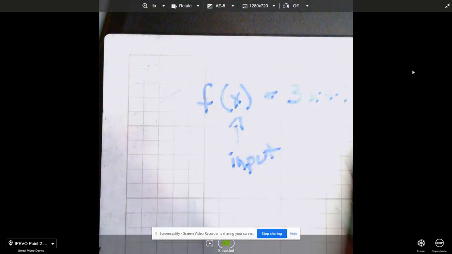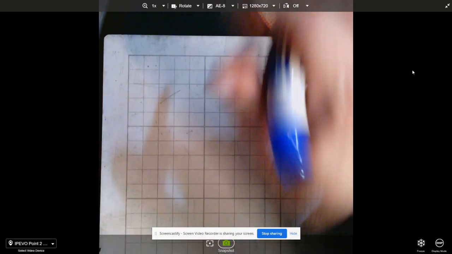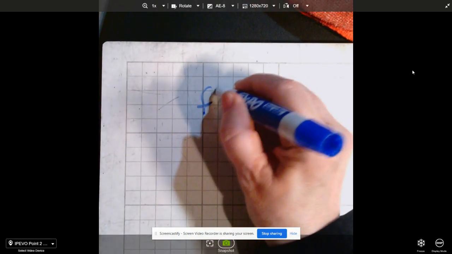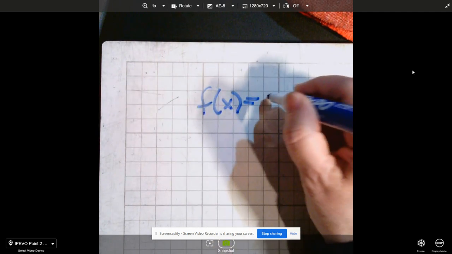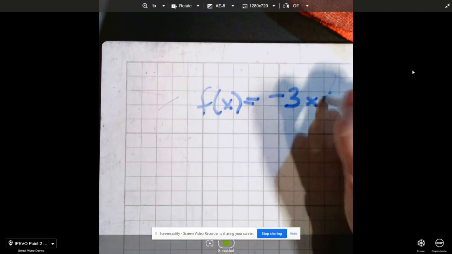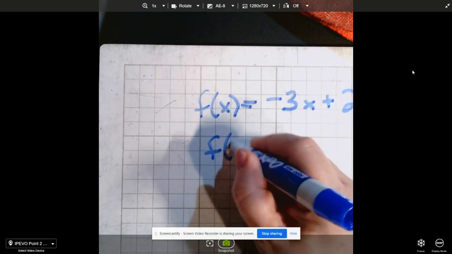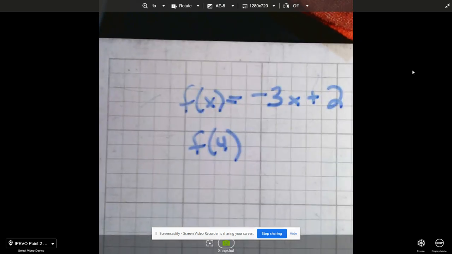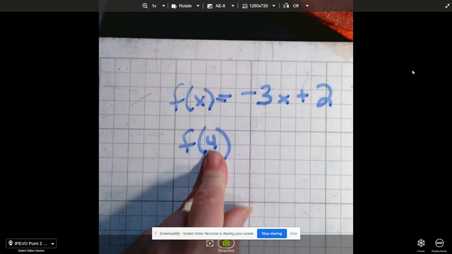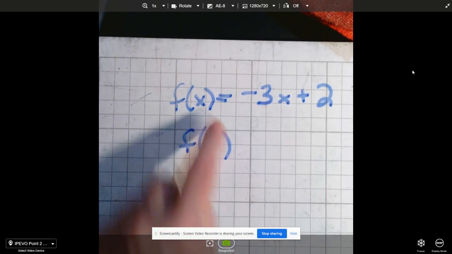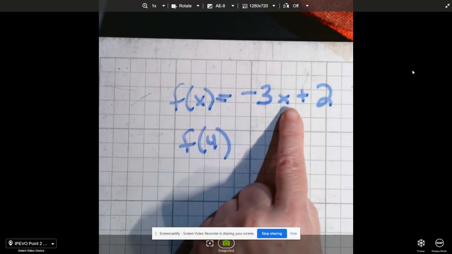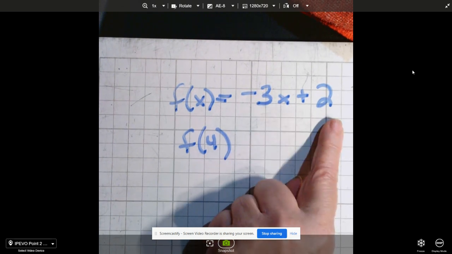So if I were to evaluate a function, if I had f of x equals negative 3x plus 2, and I said, evaluate this function at f of 4. Well, all that is saying, take 4, which remember is your x value, and plug it into the function for x, and then simplify it.